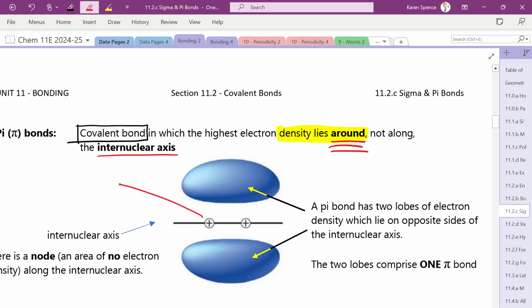So here I have my nucleus, here I have my nucleus, and here I have my electrons. There's a blob above the axis and a blob below the axis.